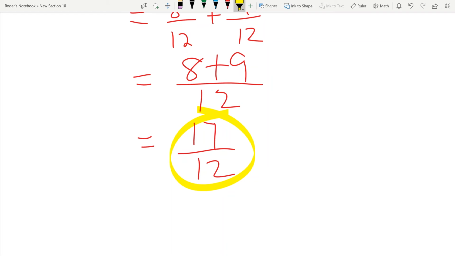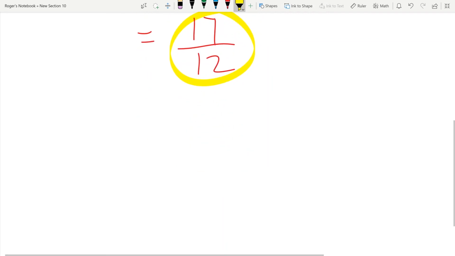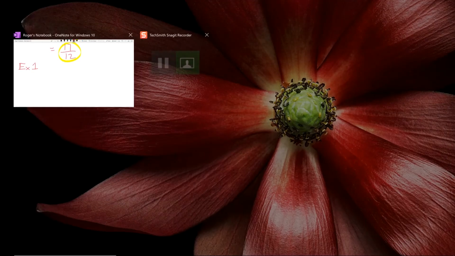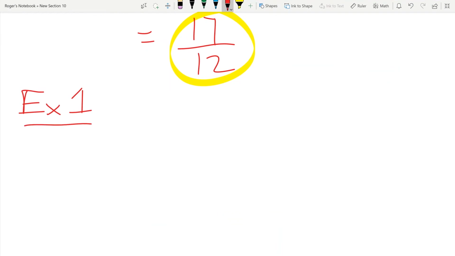3 over 7n plus 2 over 7n. Okay. Example number 1. 3 over 7n plus 2 over 7n. Notice, what do we have?